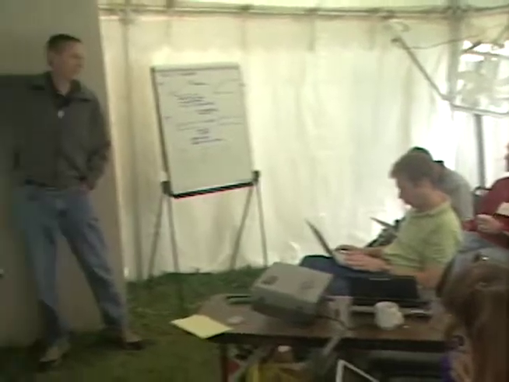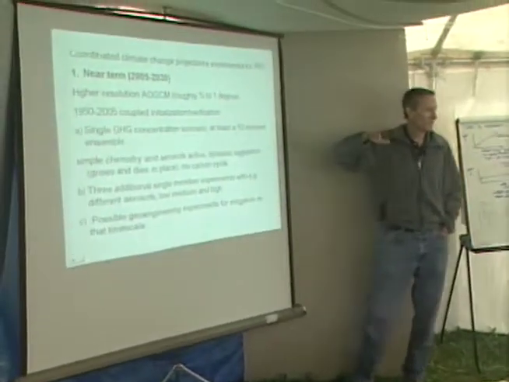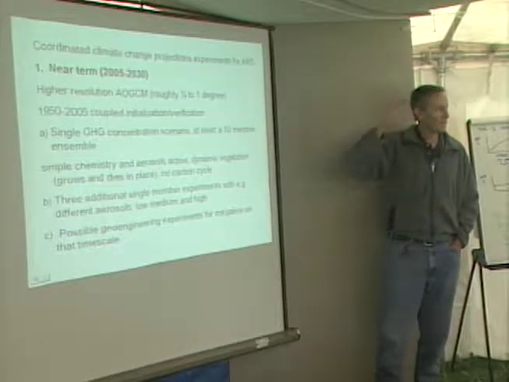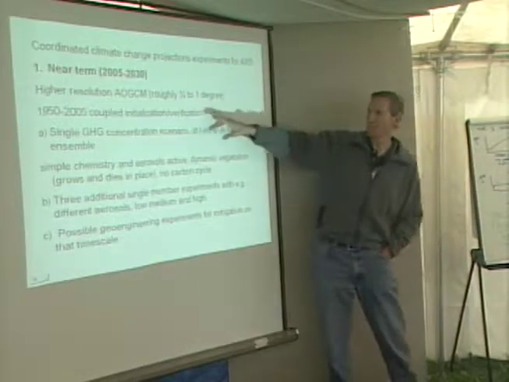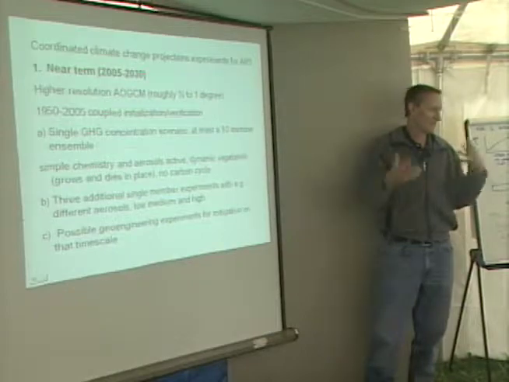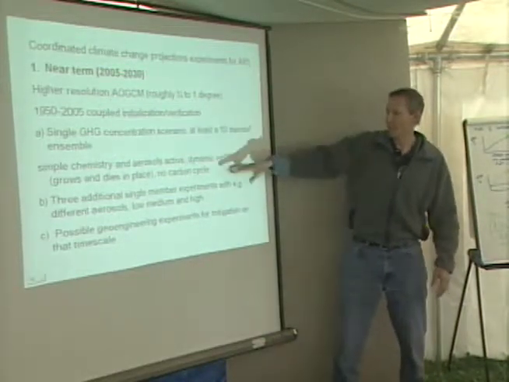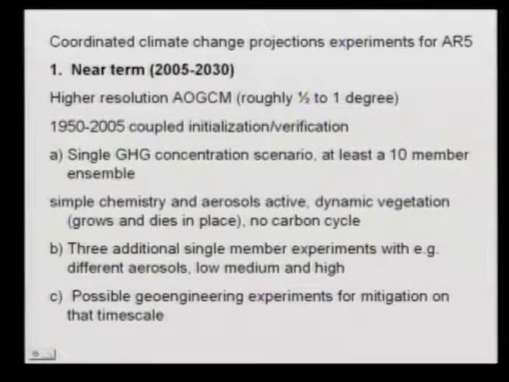So ideally, for this kind of experimental design, you'd like to have pretty high horizontal resolution models, but I don't think you can exclude other groups that have other types of models. I think the important thing is you have some kind of initialized state. That's kind of a theme. And as we get down into this, then you'd have just a single concentration scenario for this time period. So we recognize that the different scenarios don't really diverge much in this time period.